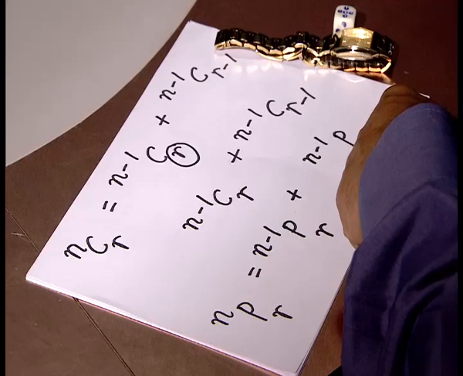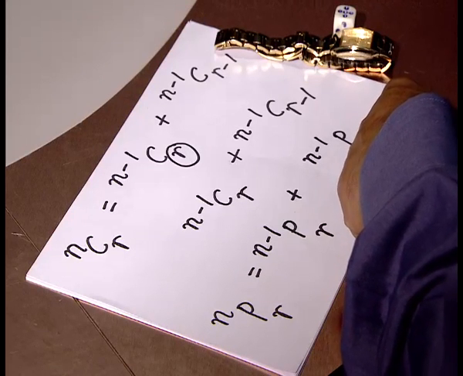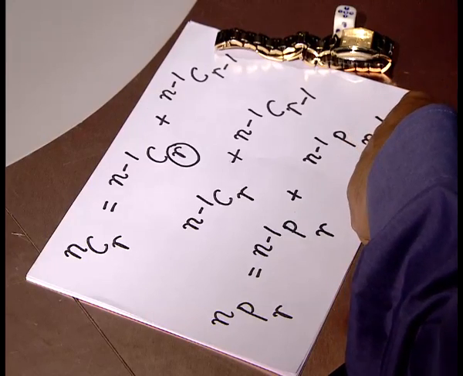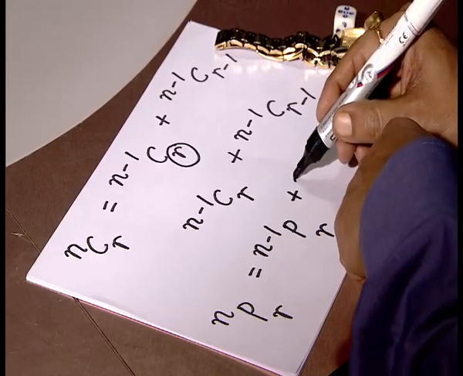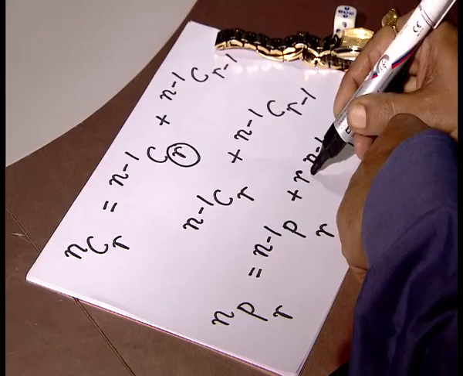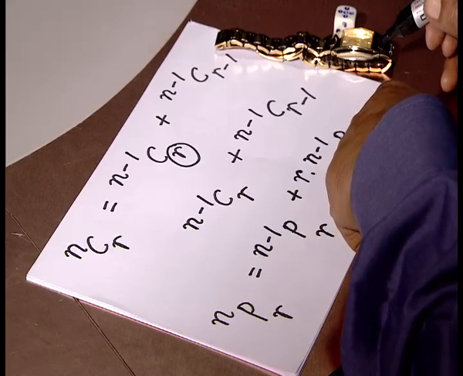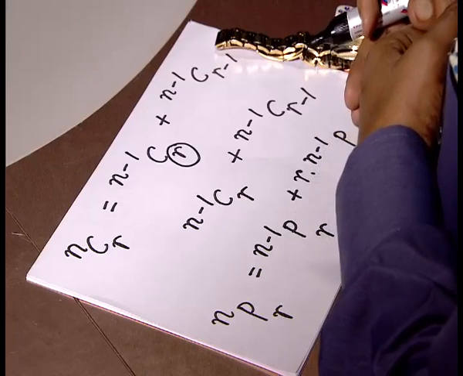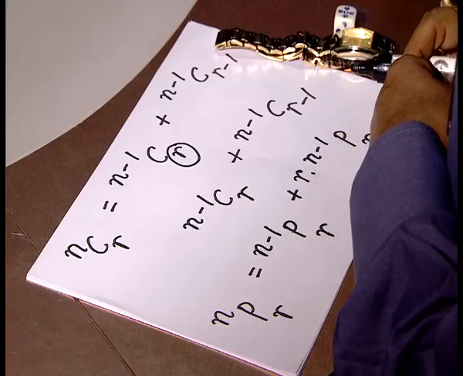So, for each of those r places, the permutation would be n minus 1 P r minus 1. So, for all those r places, the permutation would be r multiplied by n minus 1 P r minus 1. So, this can also be verified by working out the algebraic steps.